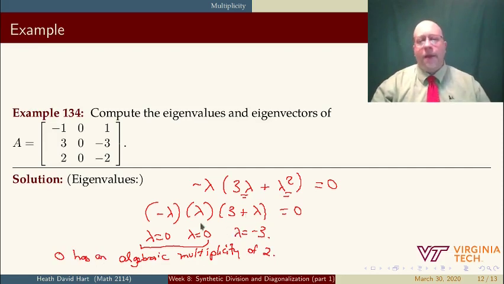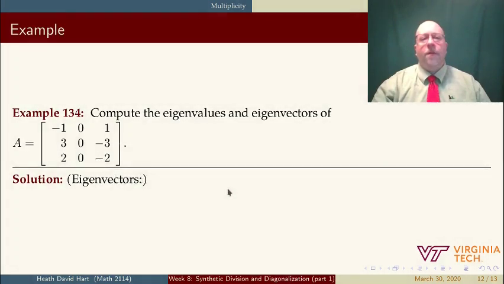And again, -3 has an algebraic multiplicity of 1, but we generally call attention to multiplicities that are higher than 1. So these are the eigenvalues. For the eigenvectors, we have to check lambda equals 0, and we have to check lambda equals -3.